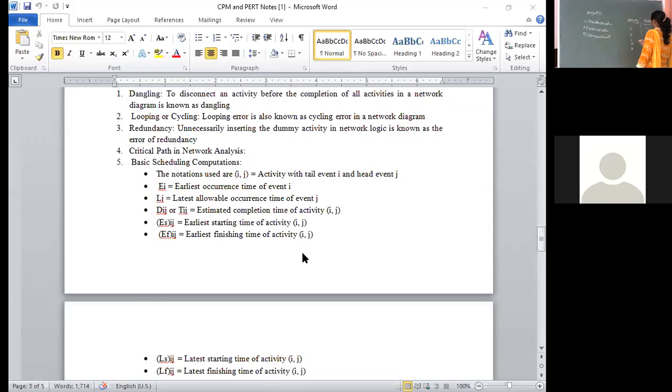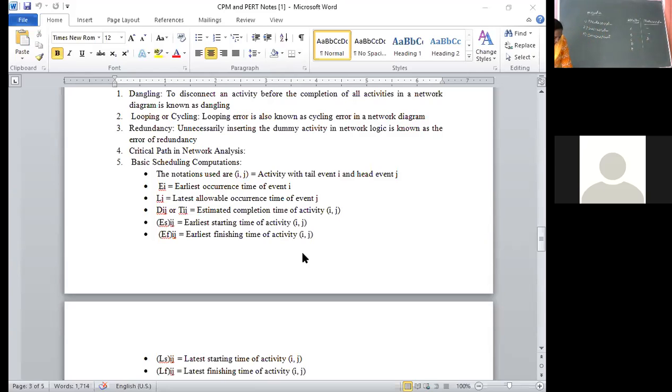For C, A is the predecessor activity. Like that, they will give. What does it mean? The activity which must be completed before an activity under consideration is called a predecessor activity. That means A doesn't have any predecessor activity, B doesn't have any predecessor activity, but C has the predecessor activity A.